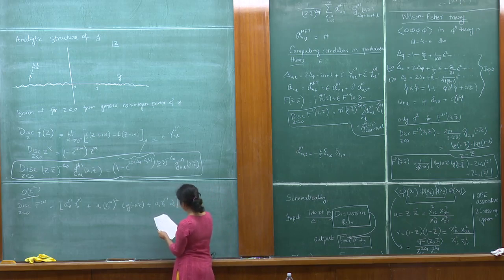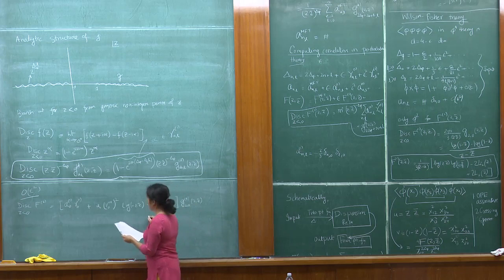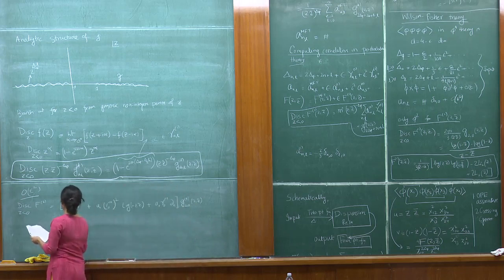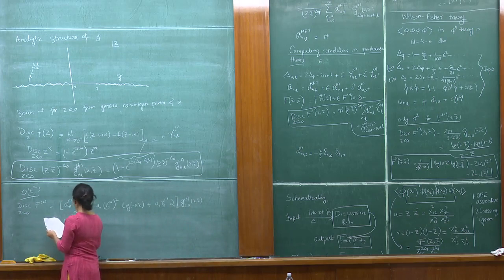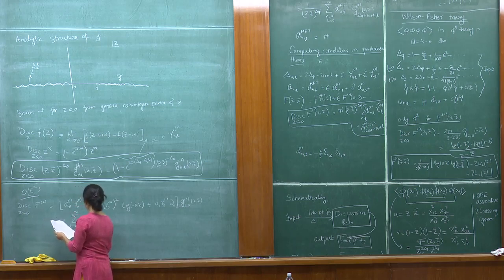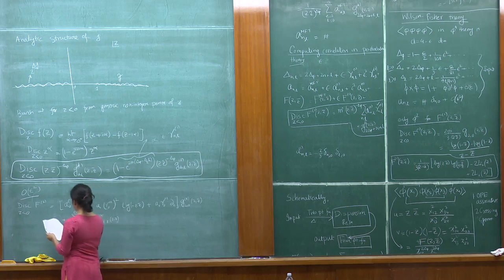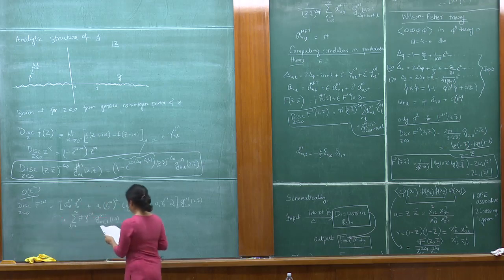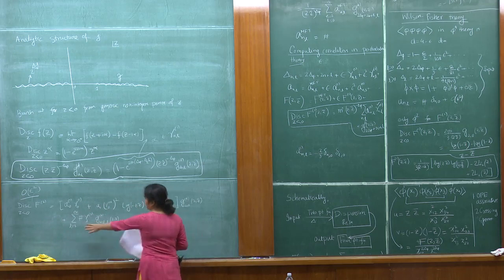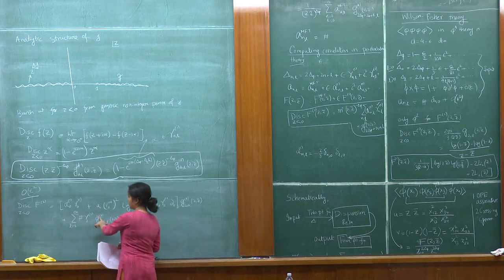So this is the 4-dimensional block and the derivatives, and you have the sum over L. So this is simple because this is just the 4-dimensional block.